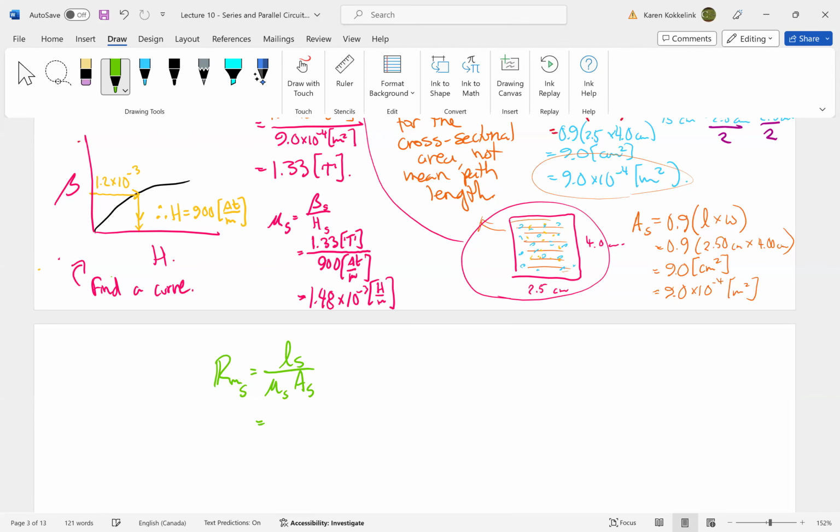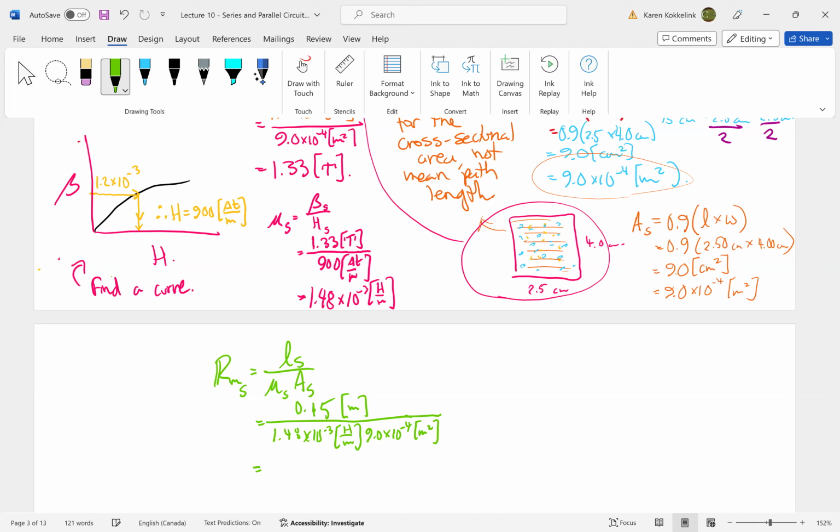As I'm writing this, it makes me feel happy because I know I just went to all the effort to compute all of those things. Here we go. 1.48 times 10 to the negative 3 henries per meter. Cross-sectional area was 9.0 times 10 to the negative 4 meters squared, I believe, which came from over here.